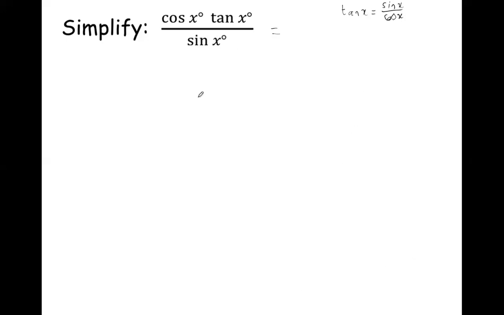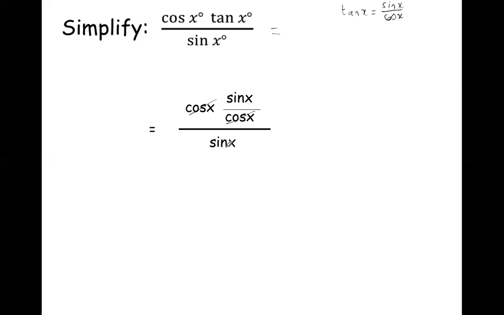So I'm going to rewrite this as cos x times sine x divided by cos x. Even before factorizing, I've got cos x times something divided by cos x. I can simplify this. Cos x divided by cos x is 1. I end up with sine x over 1, which is sine x.